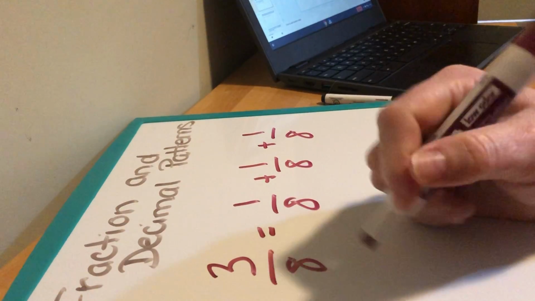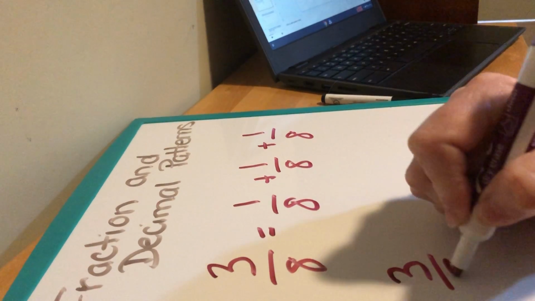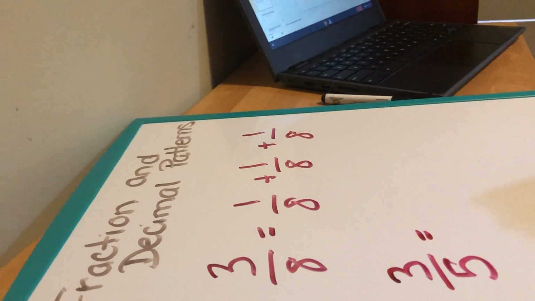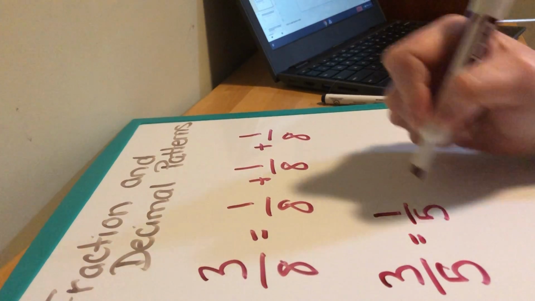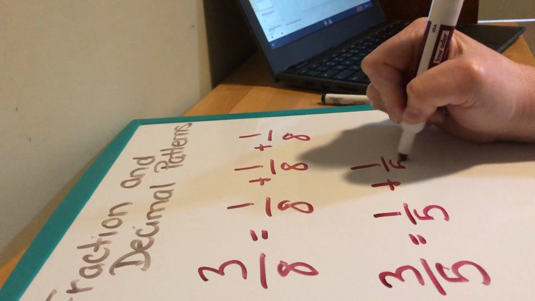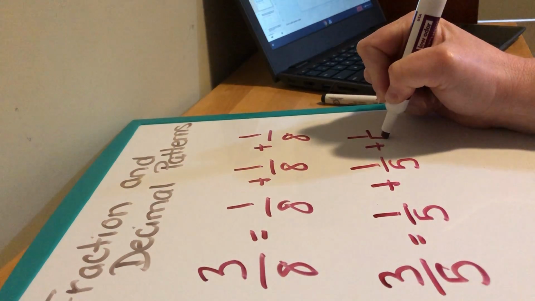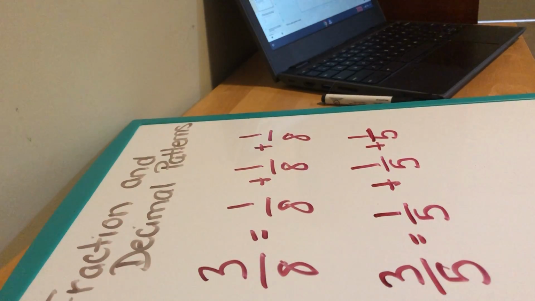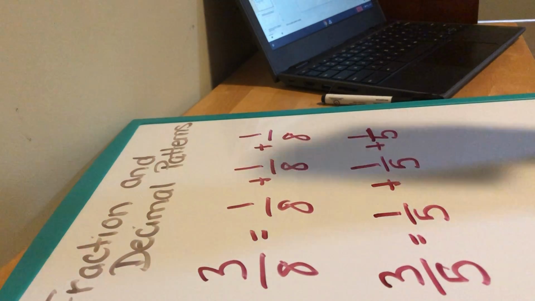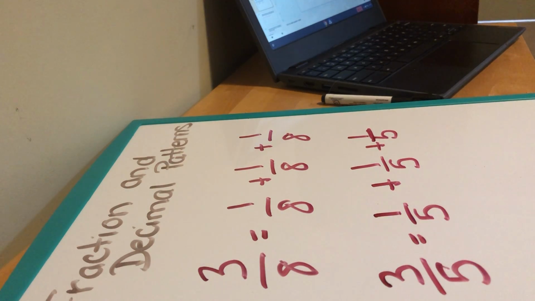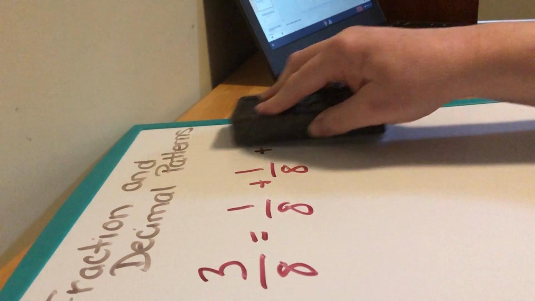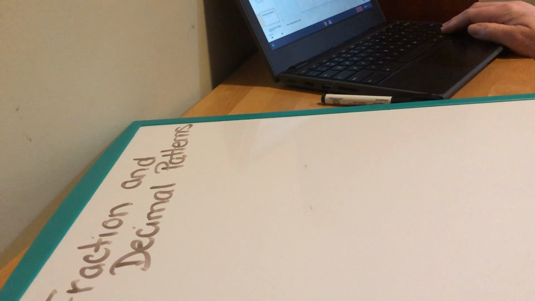So if you have the question 3/5, and we need to make an addition statement with unit fractions, then we know that this is going to be 1/5 plus 1/5 plus 1/5. Easy enough. So a unit fraction is literally just a fraction with a 1 in the numerator, and these unit fractions can be added up to make any fraction that you need. All right, so that's the basis of our work for today.